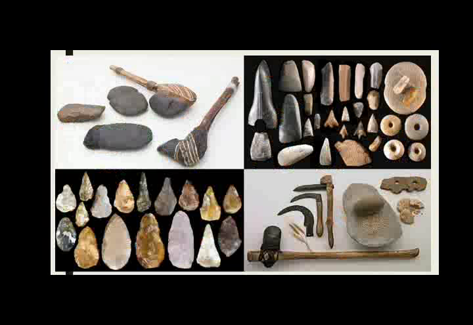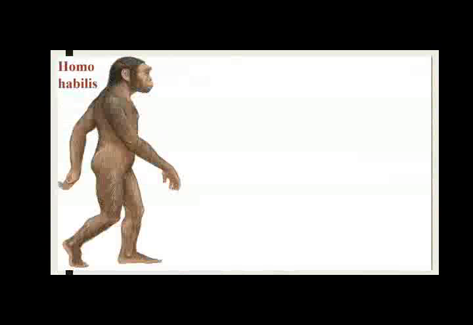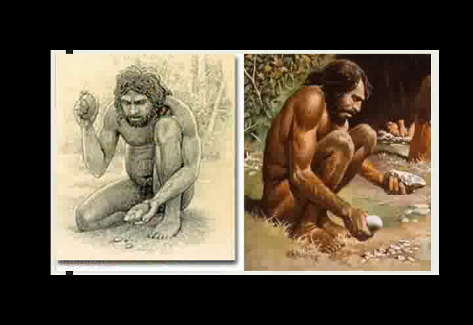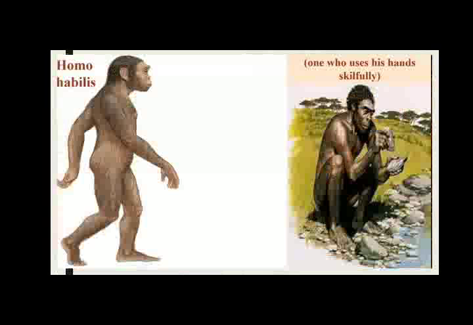We can say that he made them because they were found near his remains. But did he make only stone tools? The answer to this question is no, because he made tools from other materials as well.